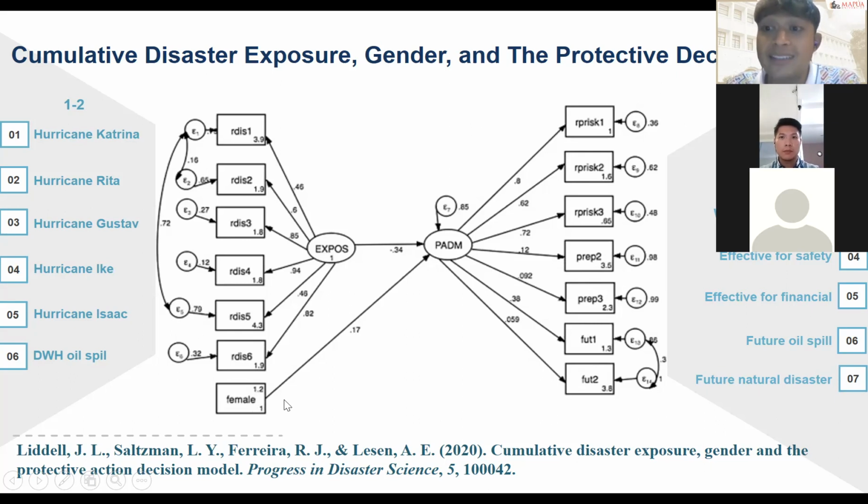That's why I always ask students to show me their dummy code. I always force everyone to show me the dummy code. Otherwise, I will get mad, because I don't know whether this is male or female. Another dummy code could be having insurance or not having insurance. So which one has the bigger effect? You have to be careful.